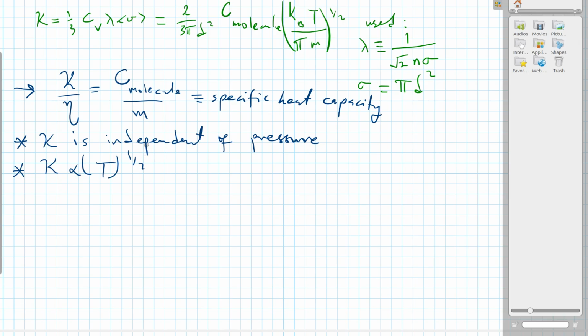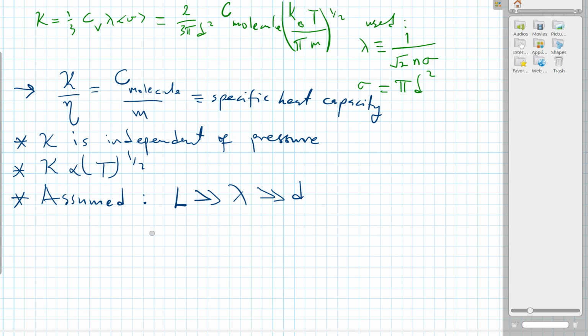And as before, for this system we have considered that the length scale of the container of the gas is much bigger than the mean free path, and the mean free path is much bigger than the diameter d of the molecules, right? Okay, this is one assumption.